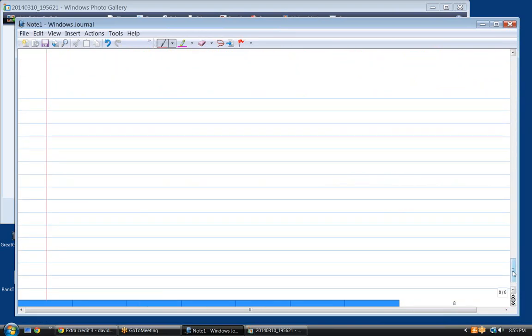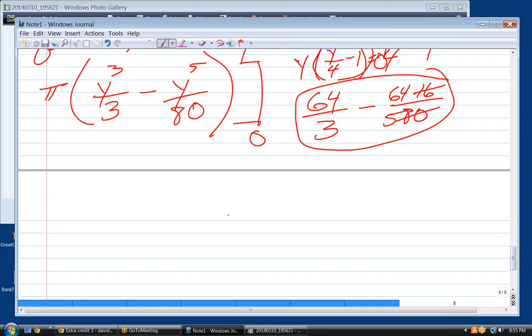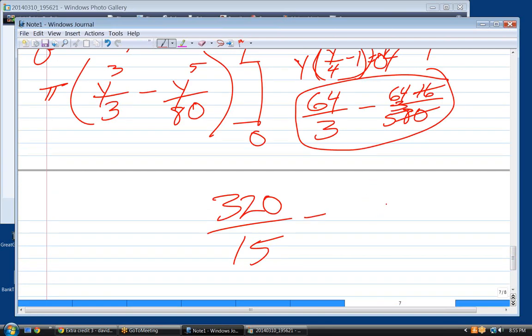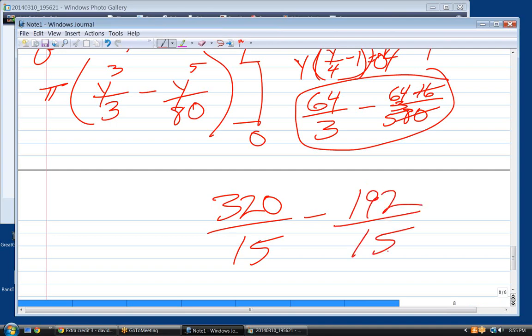Maybe. Got to use a common denominator. So I have 320/15 minus 192/15. That is 128/15.